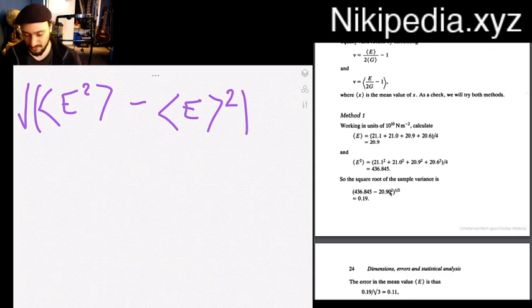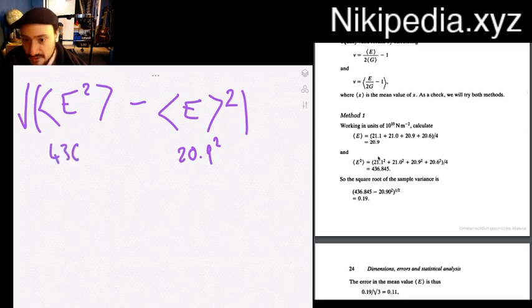And we get to having this one squared, 20.9 squared. I should have used a different notation, which would have been better than this symbol for square root, but it's fine. And this is 436.845, minus the square of 20.9, all square rooted.